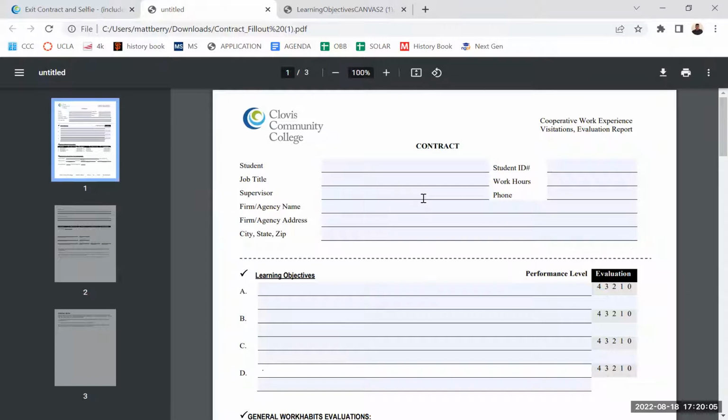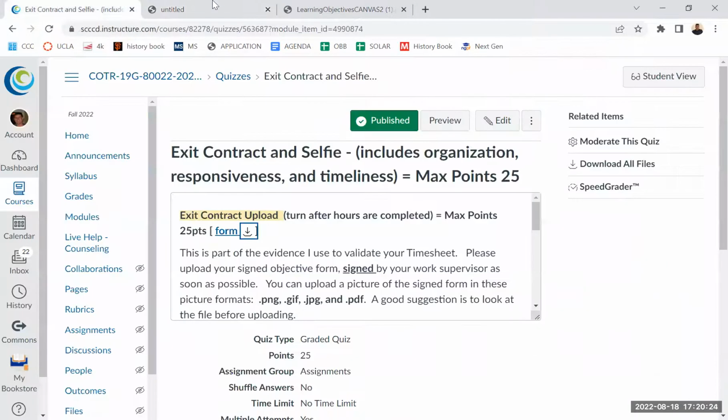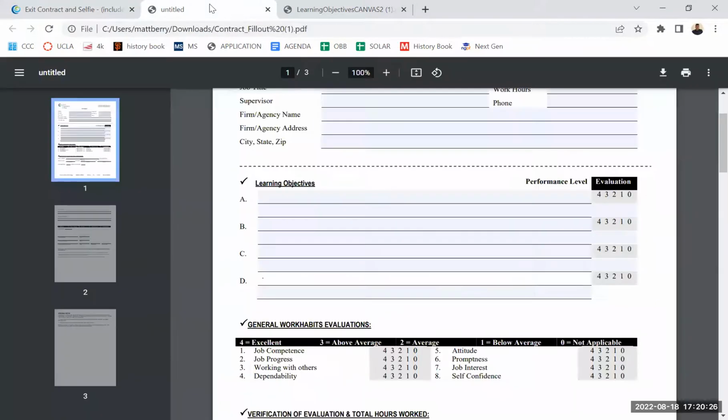And there's typically a question. There'll be a couple students that might be self-employed. You're an independent contractor. You do end up filling this out for yourself. You evaluate yourself. It's just a self-evaluation. But if you are self-employed, or specifically an independent contractor, a lot of like Uber Eats or Uber drivers, when you submit your timesheet, you can also take a screenshot from your dashboard, which verifies your hours.